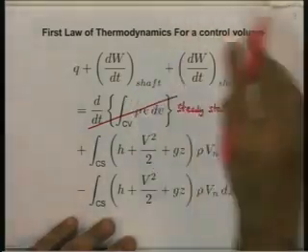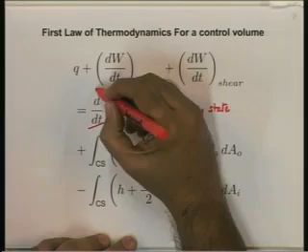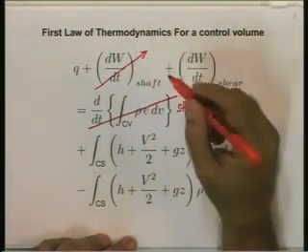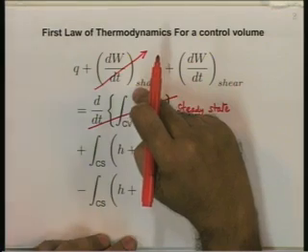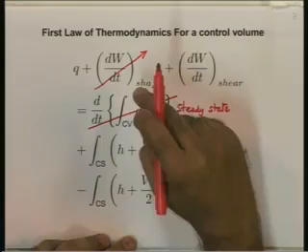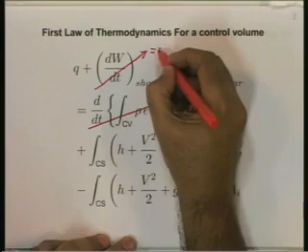We will assume that it's a pure heat transfer situation. There is no work being done. This term would be significant in case of turbines, compressors, pumps. It's not significant in case of boilers, condensers, heat exchangers, and so on. So this will be 0.